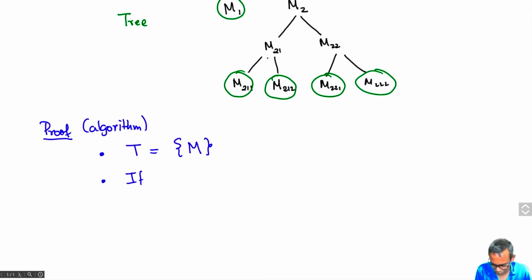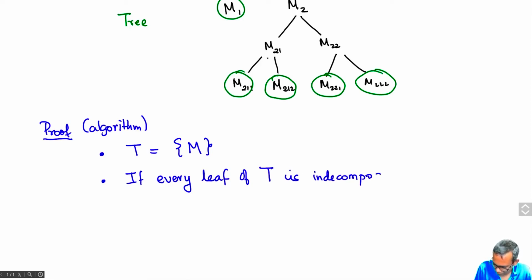If every leaf of T is indecomposable, then M is the direct sum of the submodules corresponding to the leaves.